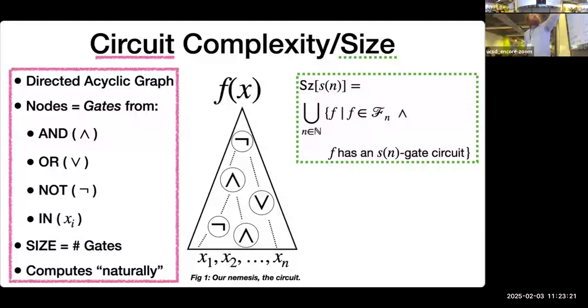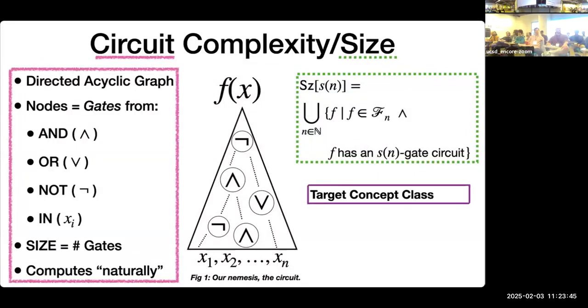So size S of n is going to be the union over all n in the naturals of f, such that f is an n-input Boolean function and f has an S of n gate Boolean circuit computing it. Okay? So that's our sequence.